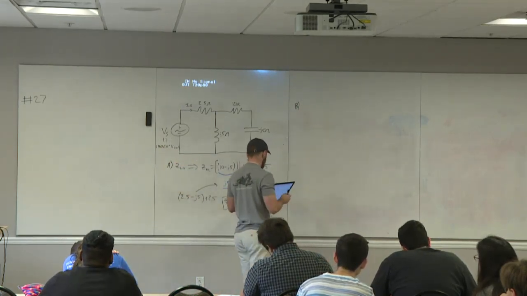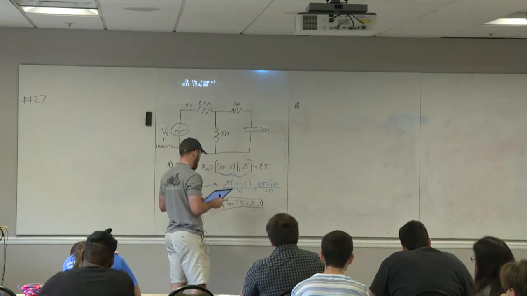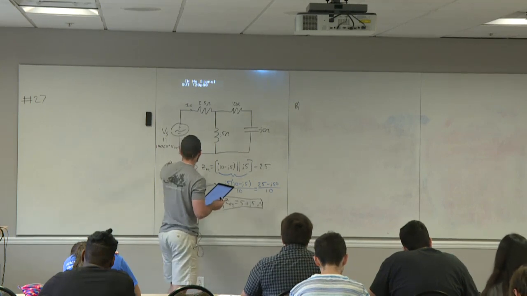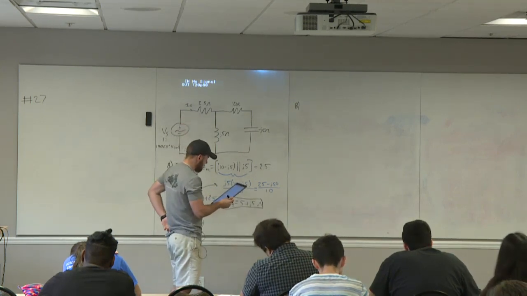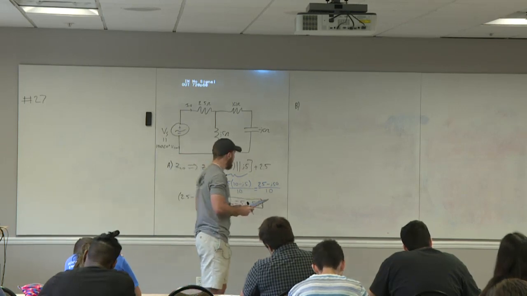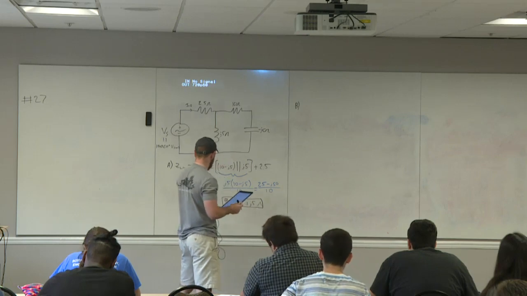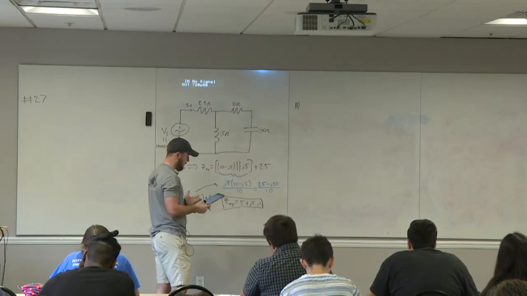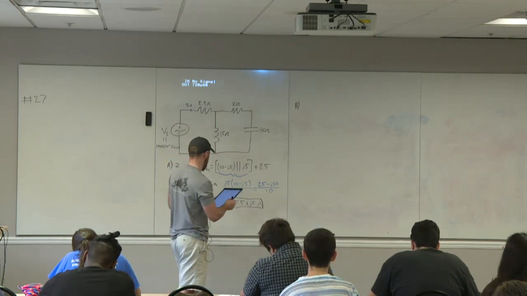Okay, so part B, we'll continue over here. Part B is to determine the RMS value of the phasor current Is, which is this current right here. I just did Vs over Is is equal to the Z equivalent, and we already know Vs, so we can solve for Is right away.